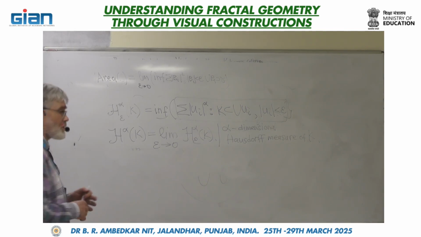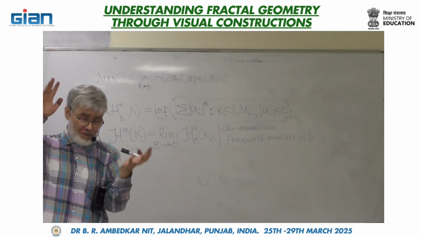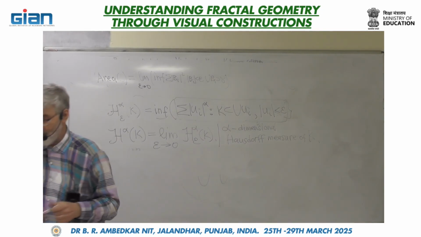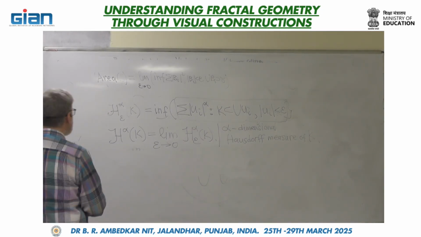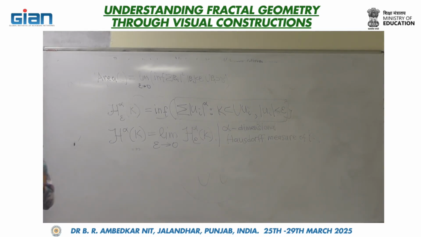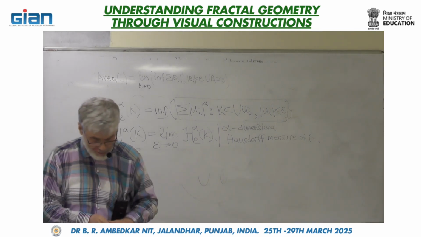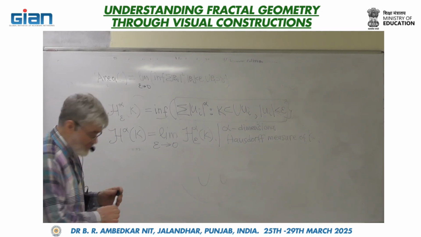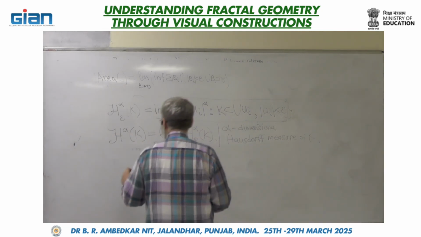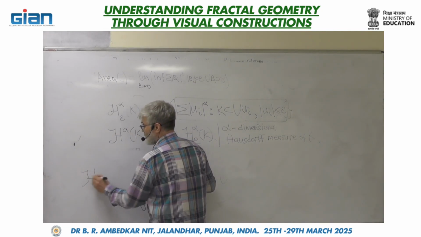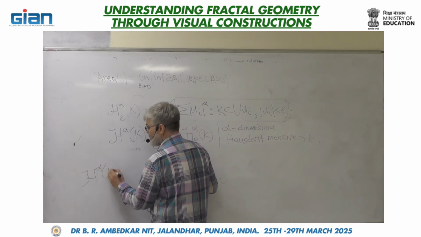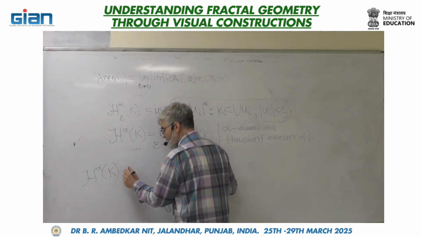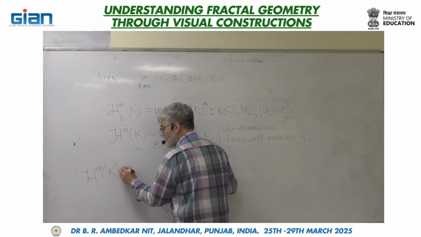How wonderful it is. So we can consider different dimensions, and in different dimensions we can take measures. But the situation is not so peaceful as it can look at first sight. Suppose the alpha dimensional measure of K is finite.